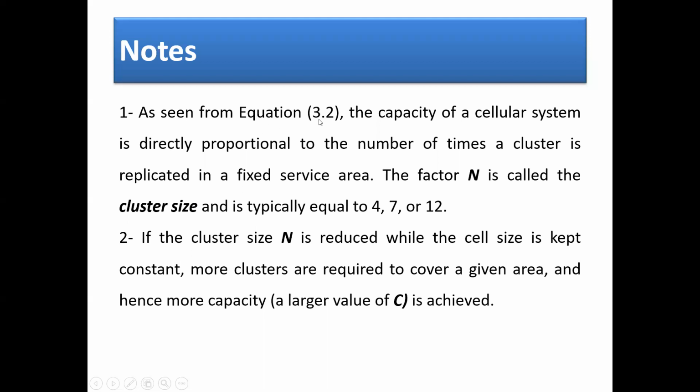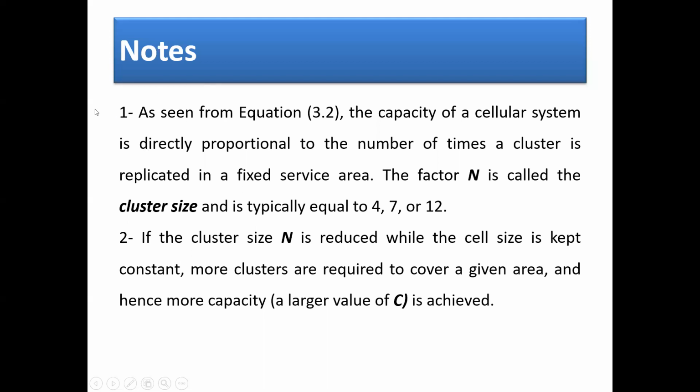As seen from equation 3.2, the capacity of the cellular communication system is directly proportional to the number of times a cluster is replicated. So in a fixed service area, the factor n is called the cluster size and is typically equal to 4, 7, or 12. Of course, we have 3 and 9 again.